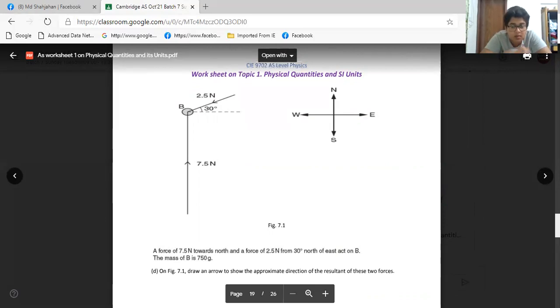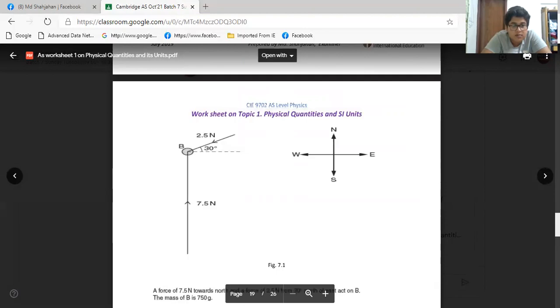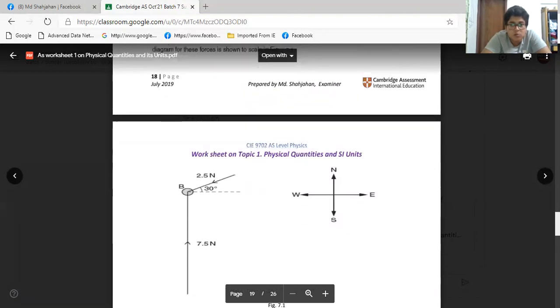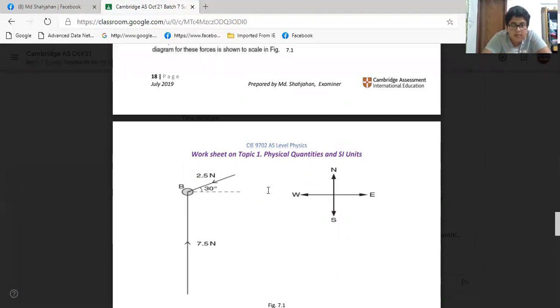So again, we have to show the direction, right? This diagram is a little bit different than the previous one. There we got the arrows in the same direction, but here the arrows are going in opposite directions. The angle is shown here.